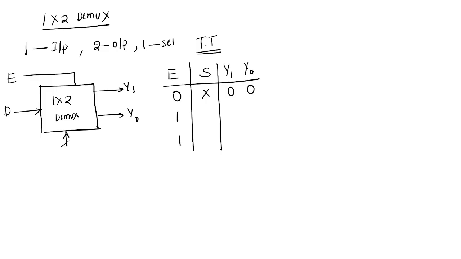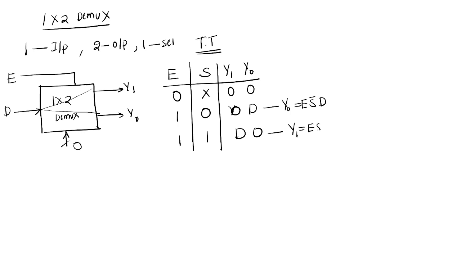When enable equals 1 and selection line is 0, the D input is connected to Y naught, and Y1 is 0. When enable equals 1 and selection line equals 1, the D input is connected to Y1, and Y naught is 0. From this you can get the expressions: Y naught equals enable, S bar and D, and Y1 equals enable, S and D.